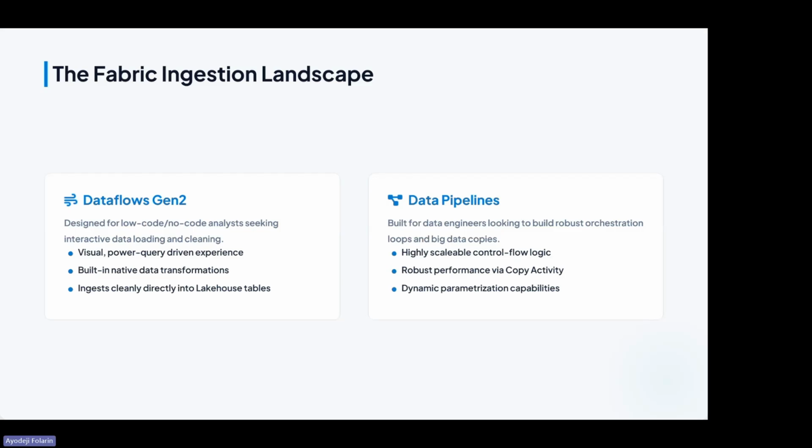So when we talk about the Fabric ingestion landscape, when I keep saying ingestion, I believe we already know the meaning of ingestion. So this is a data engineering class.